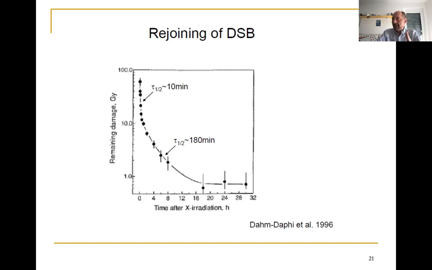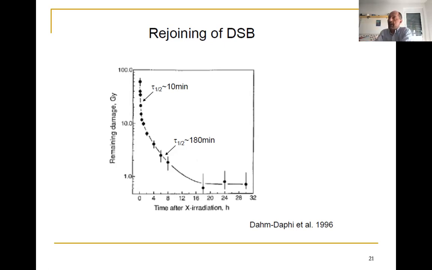It's not a single exponential. It can sometimes be approximated with a single exponential, but to be precise, it is a double exponential. You see the fast repair with a half-life of about 10 minutes, and then a long repair with a half-life of about 3 hours. It's 3 hours, 180 minutes.